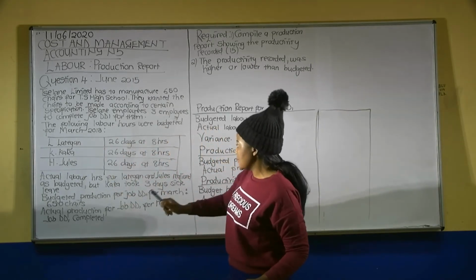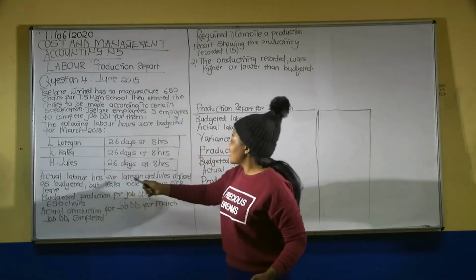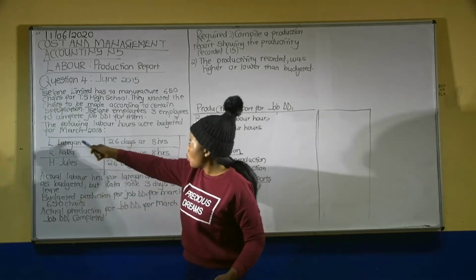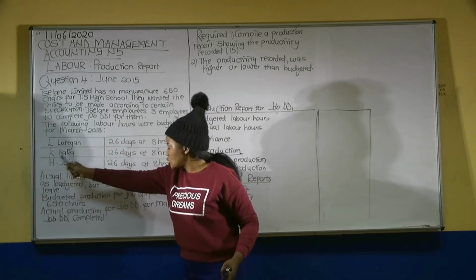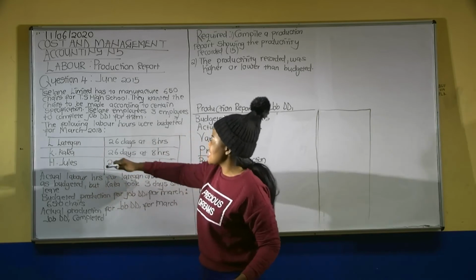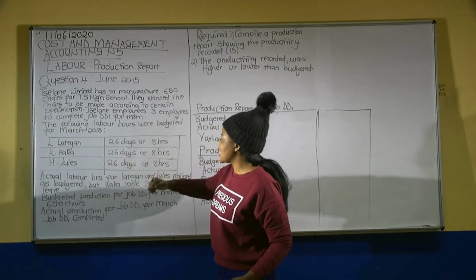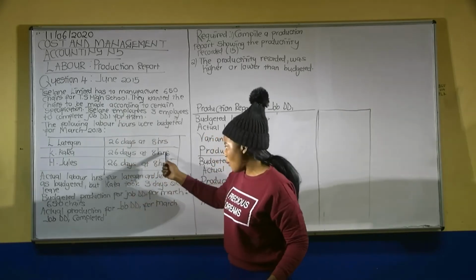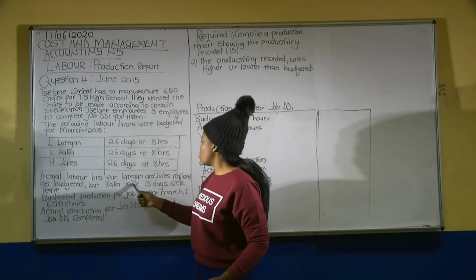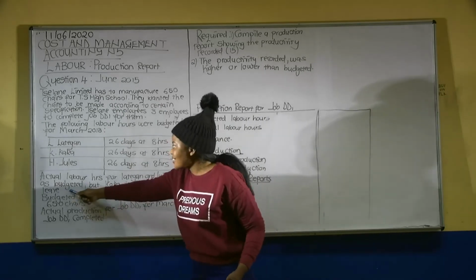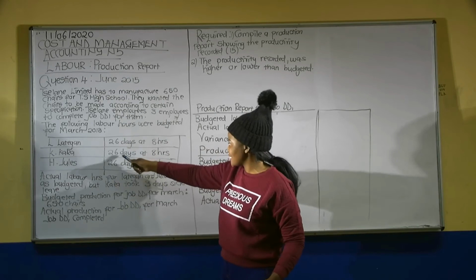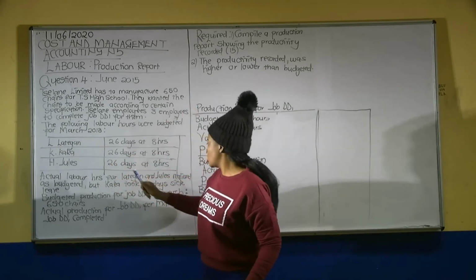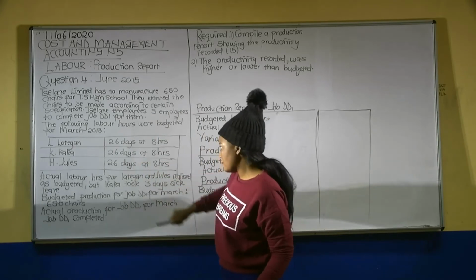In actual fact, the actual labor hours for Latejin and Jules were realized as budgeted, meaning they worked 26 days at 8 hours. But K Kaka took 3 days sick leave, meaning he did not meet the budgeted labor hours. He worked 23 days, since he took 3 days leave.